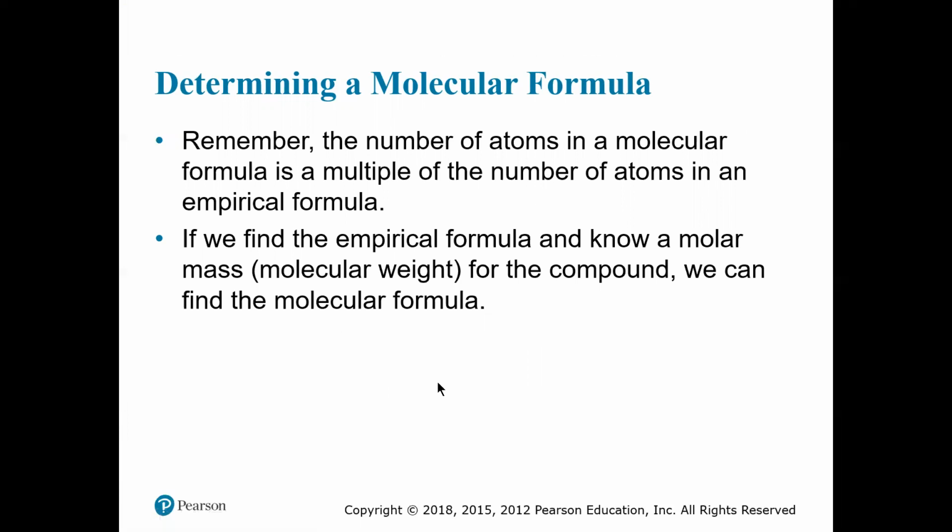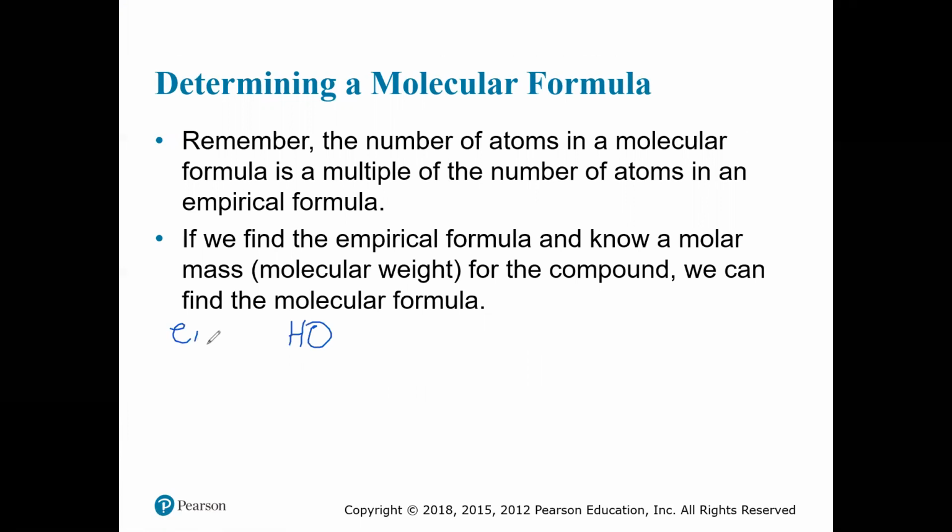So let's say I have HO as my empirical formula. A molecular formula for this could be H2O2. How do I get from here to here? I have to multiply by 2.